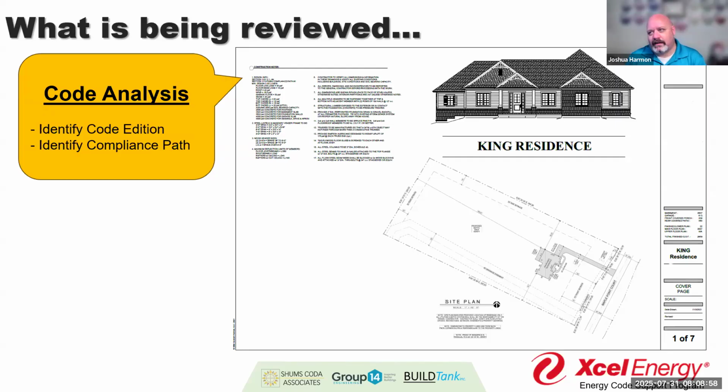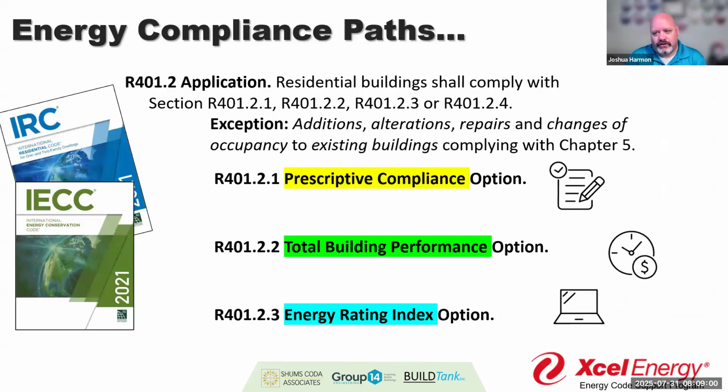But then we have to identify that compliance path, and we know that within residential there are basically 3 to 4 compliance paths, right? We generally see it in really a set of 3. There's prescriptive, which is when we're going to be following the expectations of the code itself as a whole. We see that in commercial.